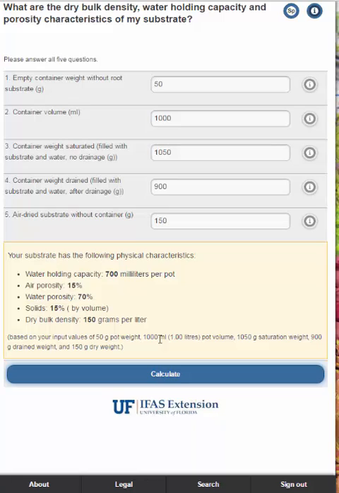The solids are calculated by taking 100% minus the air porosity minus the water porosity. So 100 minus 15 minus 70 gives us 15%. The dry bulk density was the weight of 1 liter of substrate that we weighed out when we had allowed it to air dry. So these are all simple calculations to make, and they're all based on the same protocol that is under training.